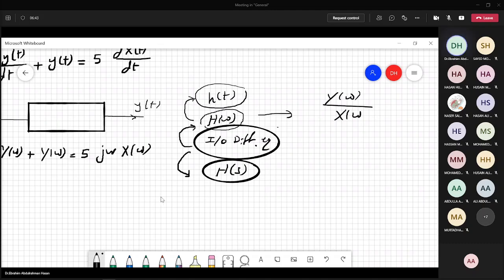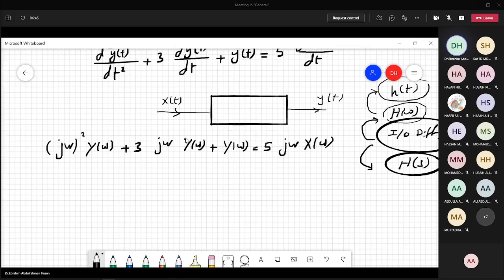If you take Y of omega common here, then h of omega, which is Y of omega divided by X of omega, equals the numerator, 5 j omega.